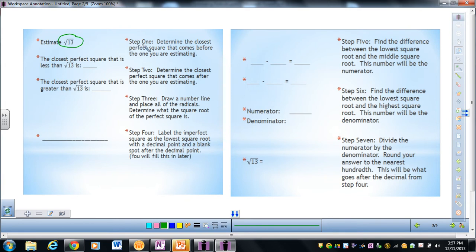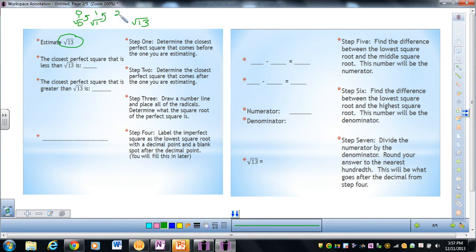Step 1 tells me, determine the closest perfect square that comes before the one you're estimating. So if I'm doing 13, I need to find what comes before 13. If I start at 0, the square root of 0 is 0. The square root of 1 is 1.